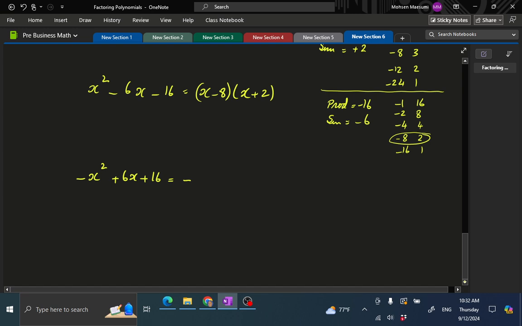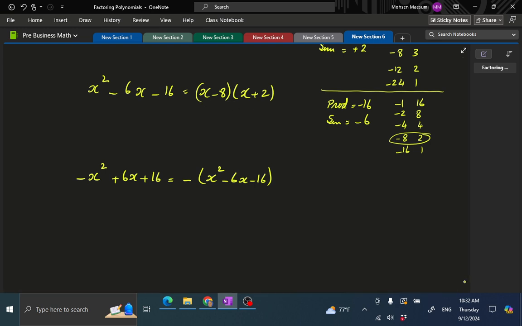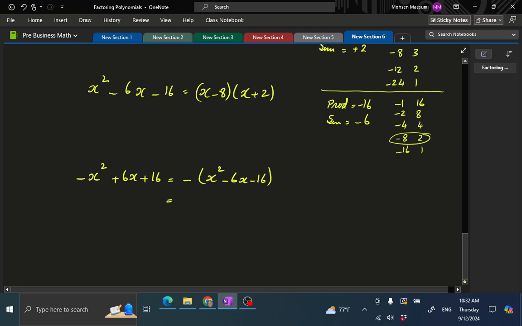So I can write this as minus x squared, and when I factor this, it comes out, and all the other signs are going to flip as well. Once we have it in this format, then we kick back to what we had before. So okay, now let's use that answer. So minus, x minus 8 times x plus 2.